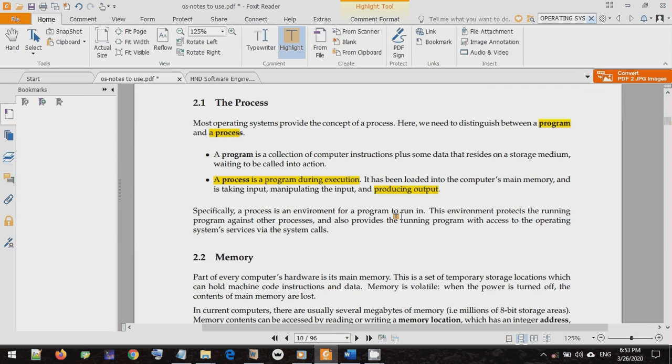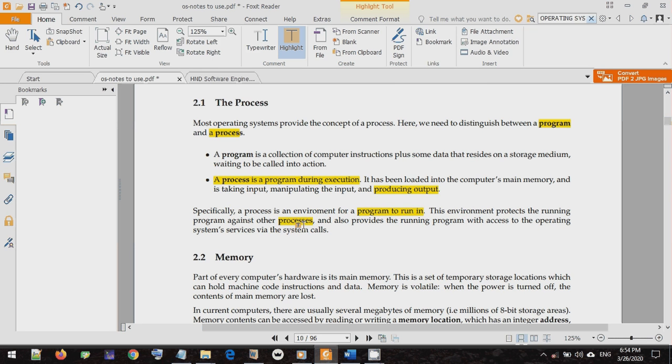That means that the instructions are loaded into the computer's memory, and then it is continuously taking input from the data which is residing on the computer storage, manipulating that input and producing its output. So that is the difference between a program and a process.